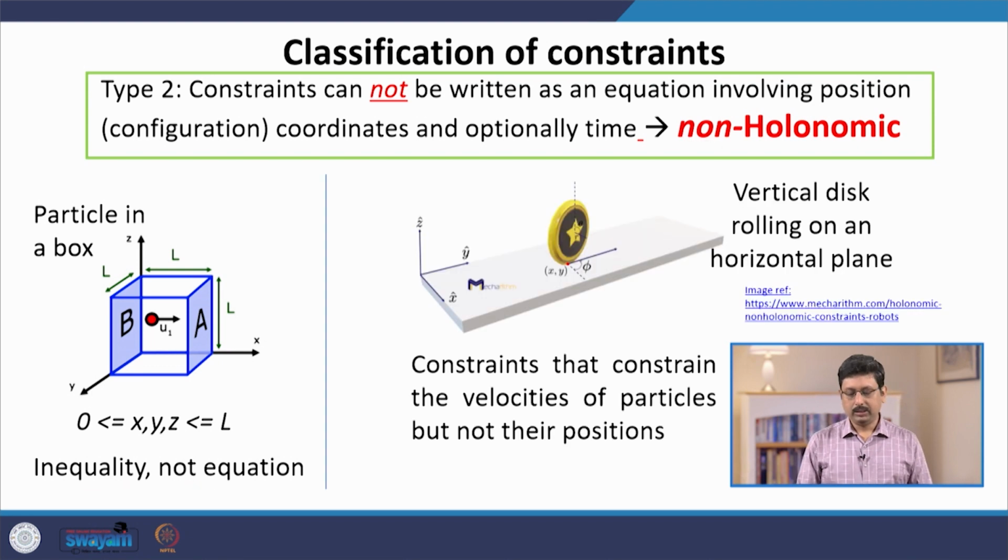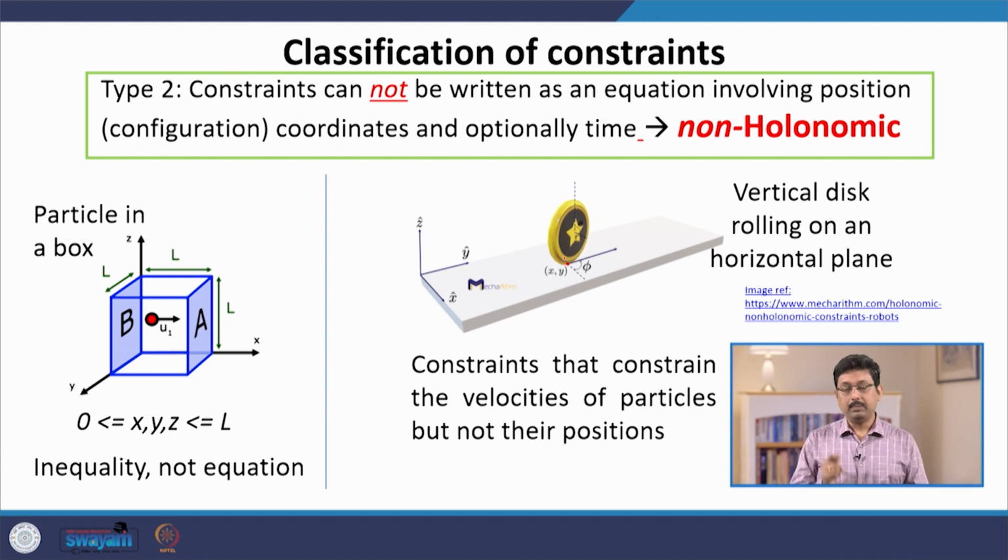Another example which is also very common and very important is the motion of a wheel. In this case, consider this vertical disc which is rolling on a horizontal plane. As you know, the rolling motion does put some constraint. The constraint is that the point of contact, denoted as this red dot here, must have zero relative motion between the instantaneous point of contact and the surface on which it is rolling.